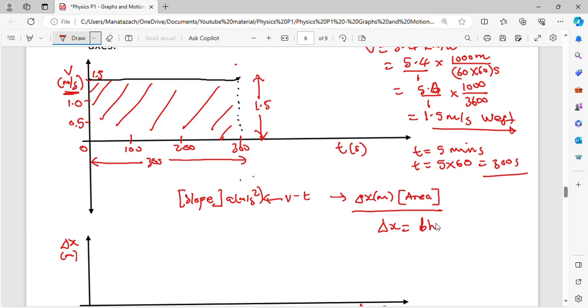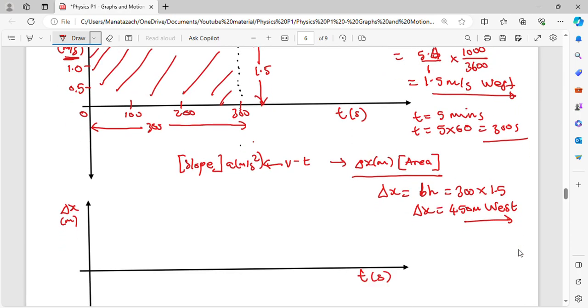Since it's the area of a rectangle, our base is 300, our height is 1.5 meters per second. So this will give us a position of 300 times 1.5, which is 450 meters towards the west.